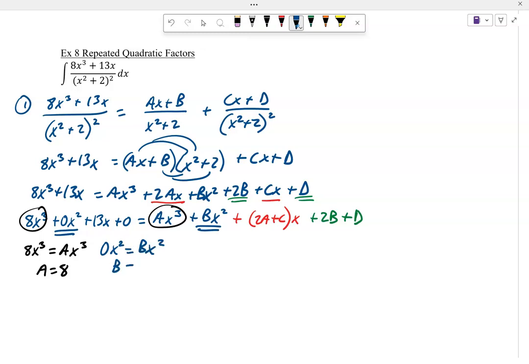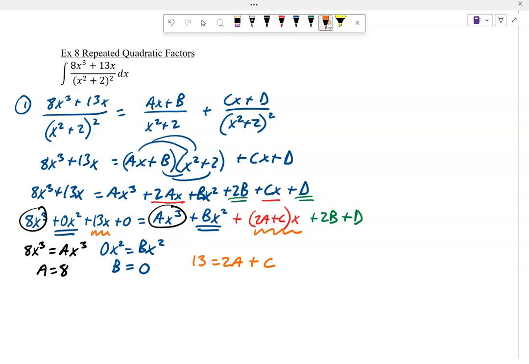So my b's got to be 0. Then 13x equals (2a plus c)x. So I'm just going to take that 13 and set it equal to 2a plus c, because that's what 2a plus c must be equal to.